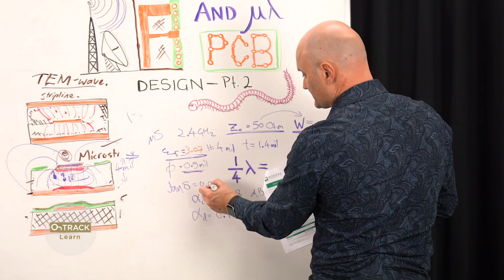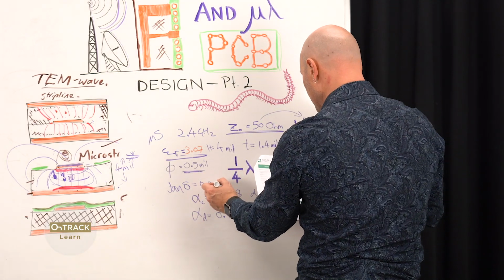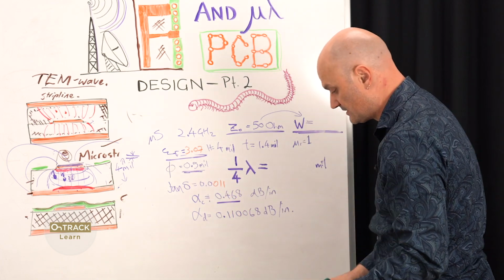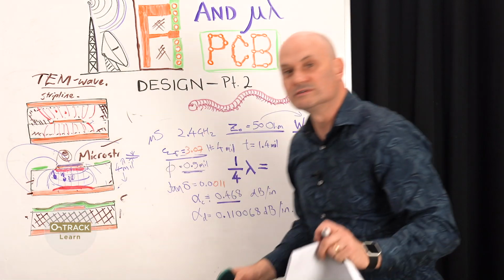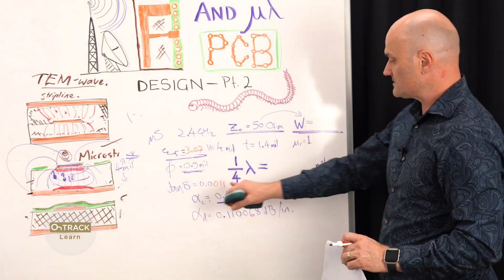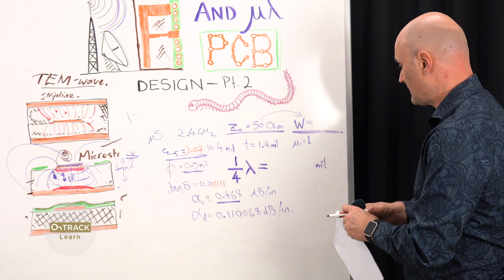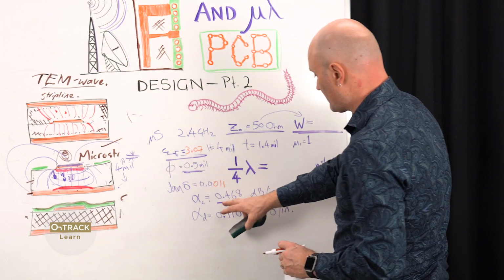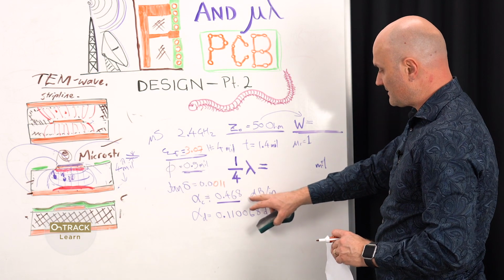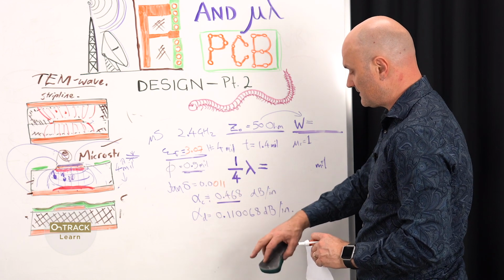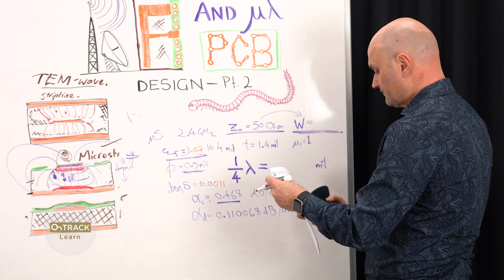So instead of 0.014, it is now 0.0011. So more than an order of magnitude smaller loss is going to be experienced in this material. And so we've gone from 0.468 dB per inch and 0.11 dB per inch for conductive and dielectric losses.